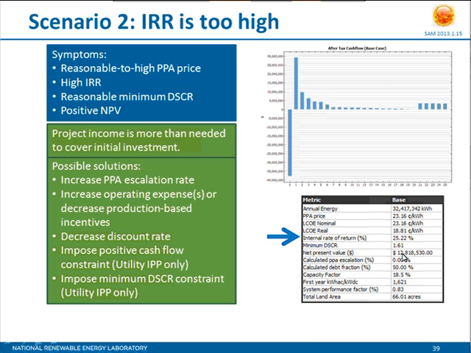So in this project, the project income is more than we need to cover our initial investment. What you can do to deal with this situation is try increasing the PPA escalation rates, increasing operating expenses, decreasing the discount rate, or again, use your constraints for the utility IPP model.